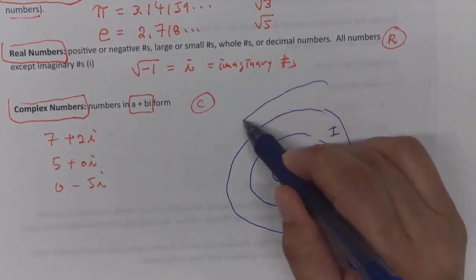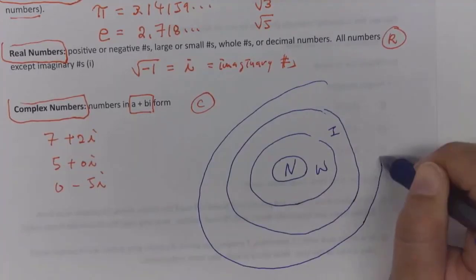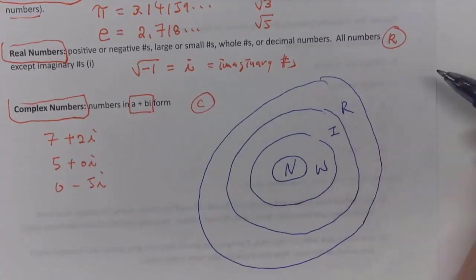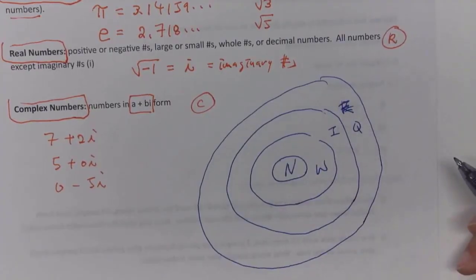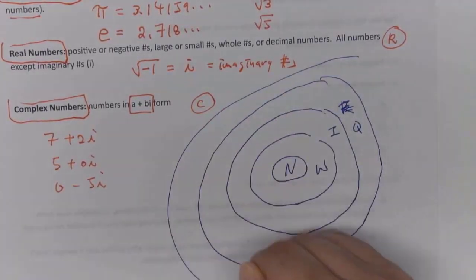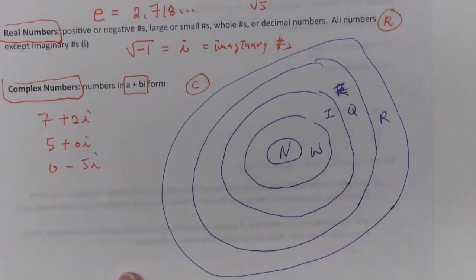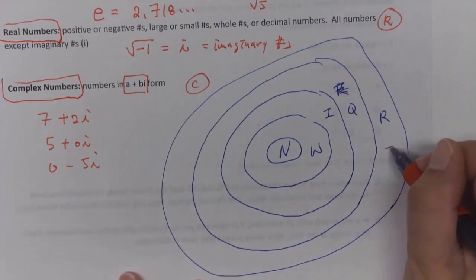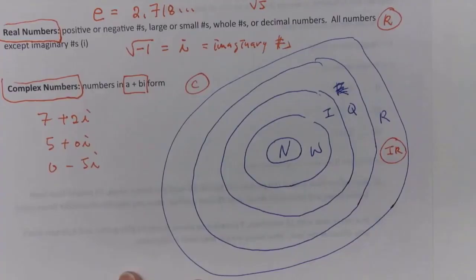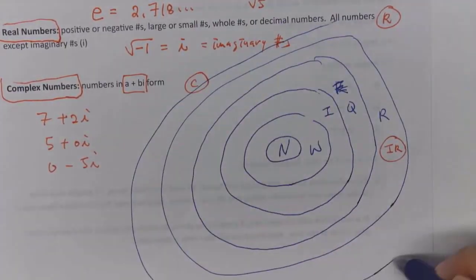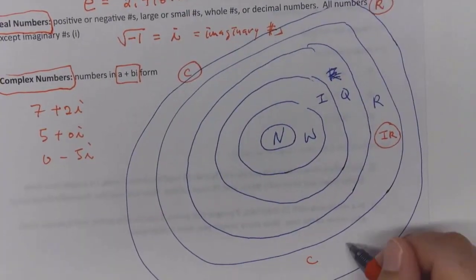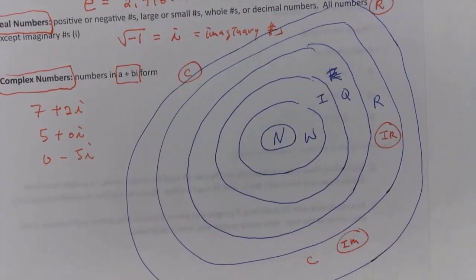And then we have the rational numbers, including all of them. And then we have the real numbers, which include all of them. But the irrationals are just in a little category. And then finally, we include complex numbers, which also include the imaginary numbers.